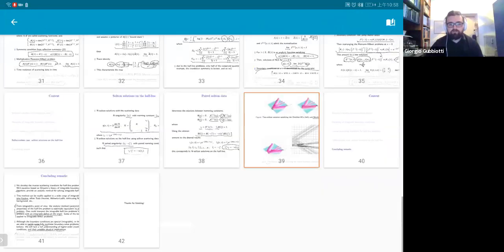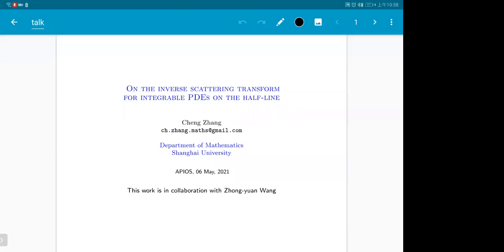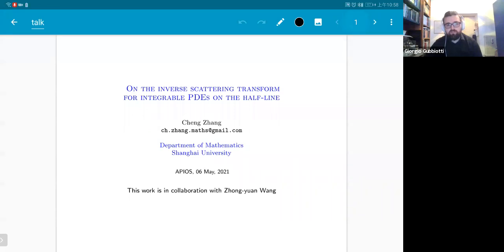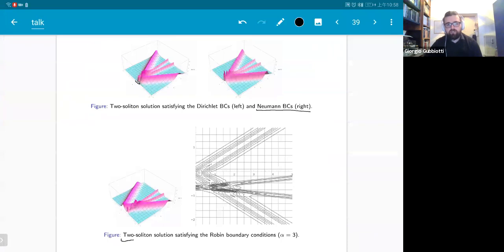I've got a question. I would like a couple of comments on the soliton interaction in this half-line setting. I saw the figure, but I was wondering if you can actually prove, like in the regular setting, how these solitons are interacting, and if the boundary actually gives some difference.